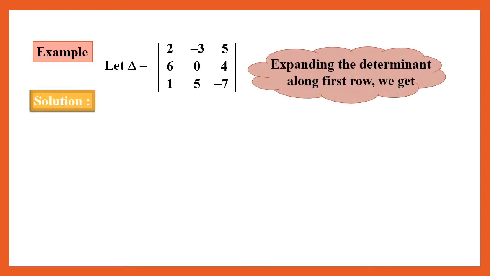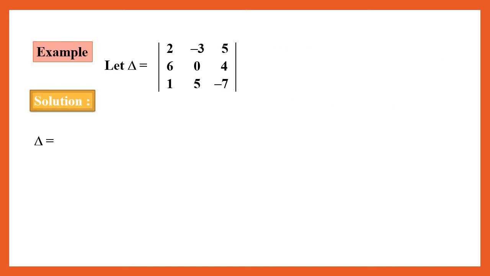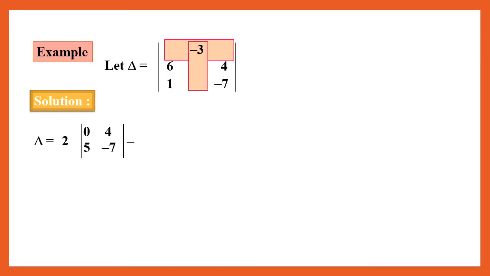So solution. First we will expand the given determinant using the first row. Write down the elements of the first row, that is 2 into the 2 cross 2 determinant 0, 4, 5, minus 7. Next, the second element minus 3, multiplied with a negative sign, and write down the 2 cross 2 determinant obtained, that is 6, 4, 1, minus 7.